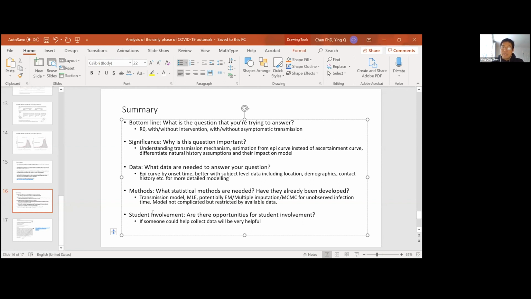And for students, what we particularly need help with is data collection and verification, and doing more modeling. For example, right now, what we are really interested in is assessing the effect of social distancing in different states in the US with the epidemic curves, and how that interacts with public opinions or political opinions.